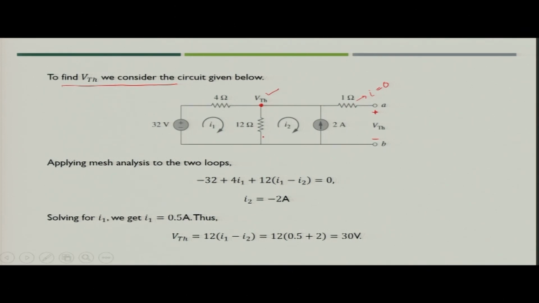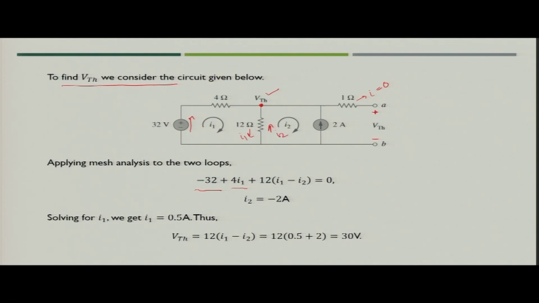Now, let us apply the mesh analysis for these two loops. For loop 1, when you apply the mesh analysis, what you will get? When you start from here, you will get minus 32 volt, because the mesh current is flowing from minus 2 plus, this will be minus 32 plus 4 I1, then 12 (I1 minus I2), because I1 would be flowing in this direction, I2 would be flowing in this direction.